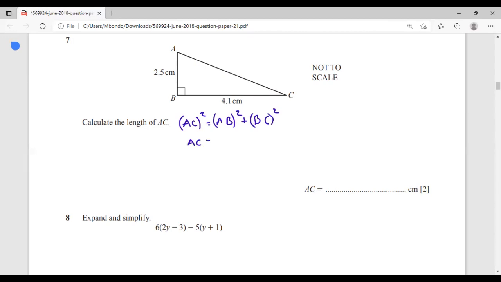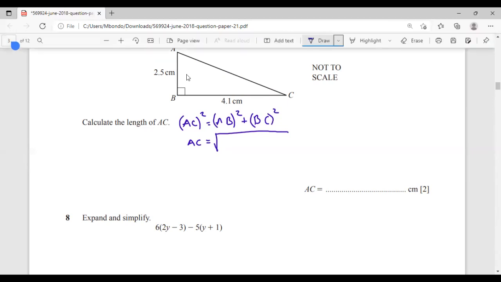So AC is equal to the square root of AB squared plus BC squared. AB here is the length from A to B, which is 2.5, squared, plus BC.